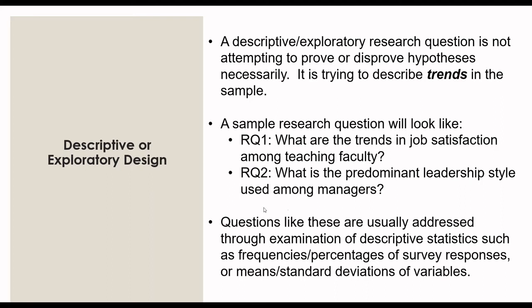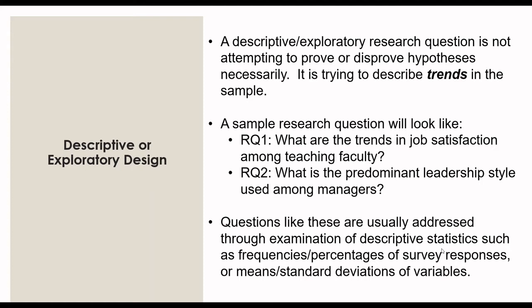So questions like these are usually addressed by using descriptive statistics. You're not using correlations, you're not using regressions, ANOVAs, you're just describing the trends using frequencies and percentages, or maybe means and standard deviations.